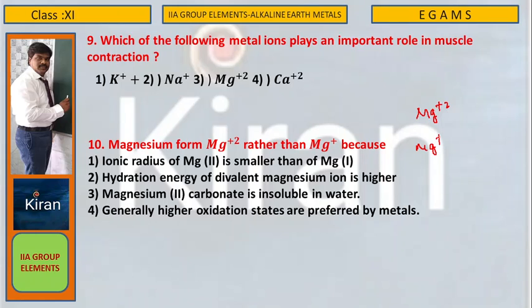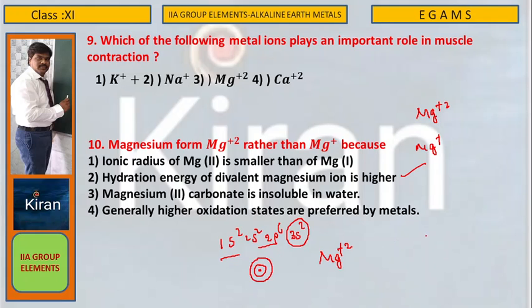See here, hydration energy of divalent magnesium ion is higher because for Mg2+, the electronic configuration is 1s2, 2s2, 2p6. While removing these two 3s electrons, its size will be small, as it has only two shells.